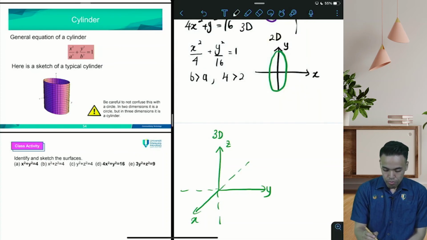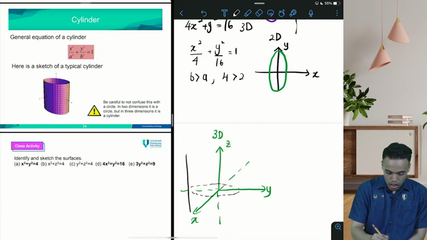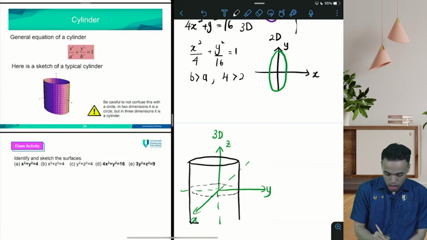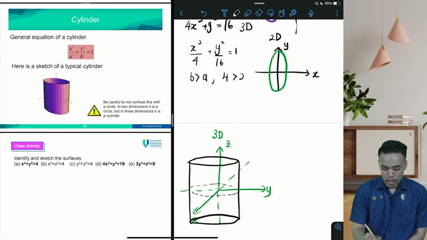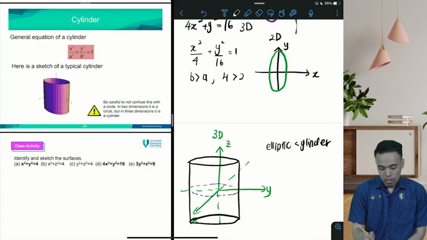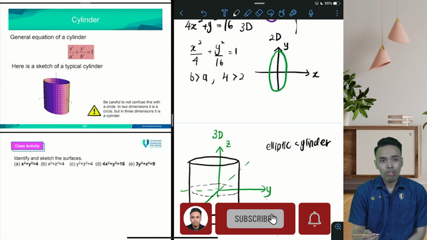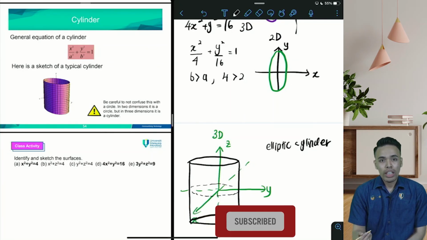Alright. I will end up getting this cylinder, and we call this cylinder an elliptic cylinder. Reason being, the base of this cylinder is actually an ellipse.